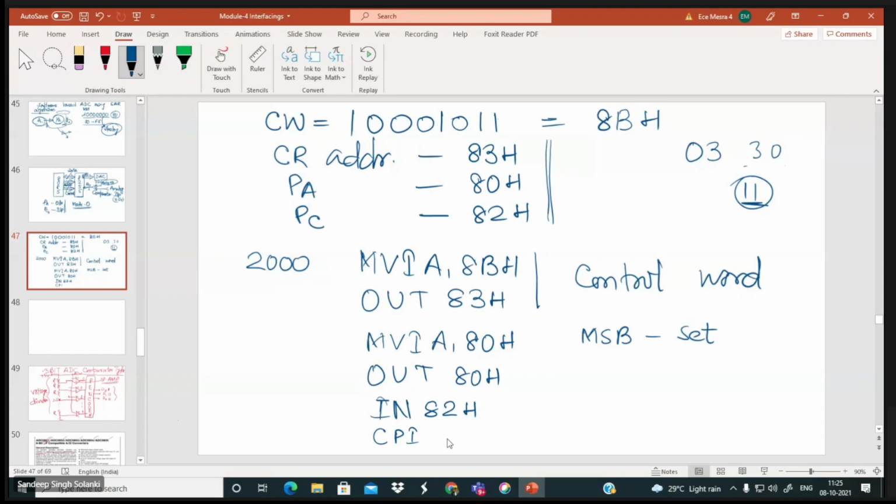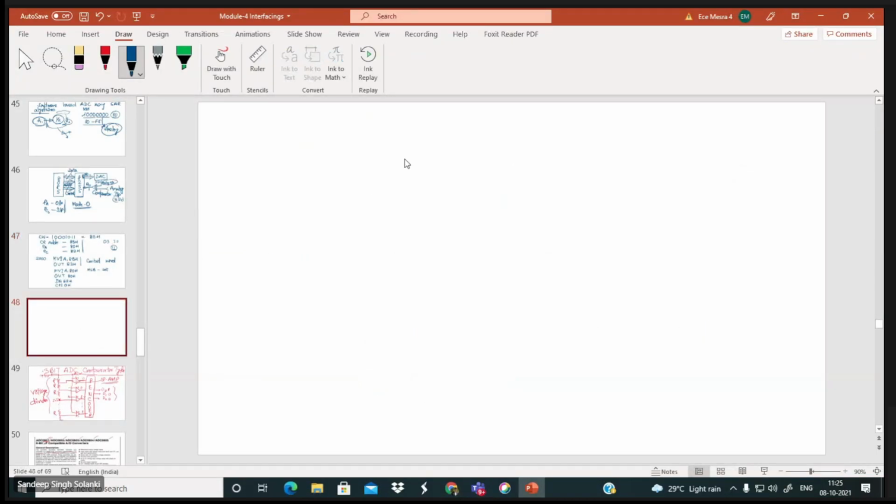CPI 01. For the beginning, there is no problem, but in the next stage, you may find a problem. So CPI 01 will be telling you whether it is higher or lower, greater or lesser. Correct? Yes, sir.